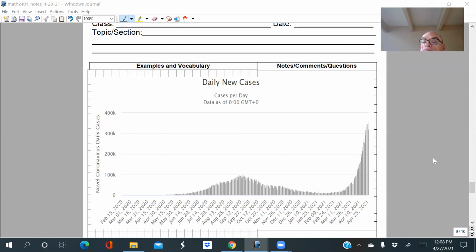There's been a lot of news about the COVID situation in India because they've been having an explosion of cases, and it's very alarming because it's overwhelming their hospital system, and it's causing a lot of unnecessary deaths. So right here is a graph over the entire time of the pandemic, but of course what we're focusing on is right here recently, since February.